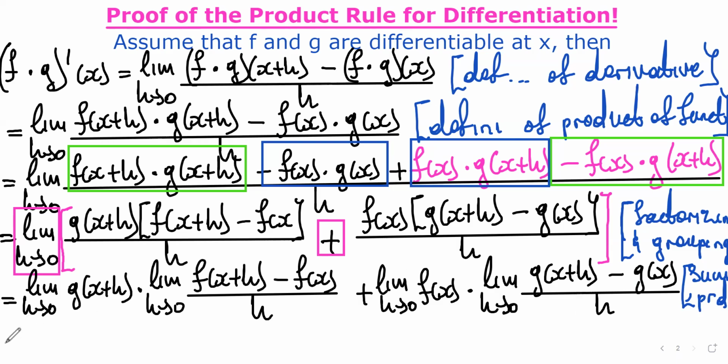Now we can come back and focus on the first part. So if we look at this one, we can see that, well, remember we said that g is differentiable. And if g is differentiable, then it means g is continuous. So we can simply let h to be 0 there.